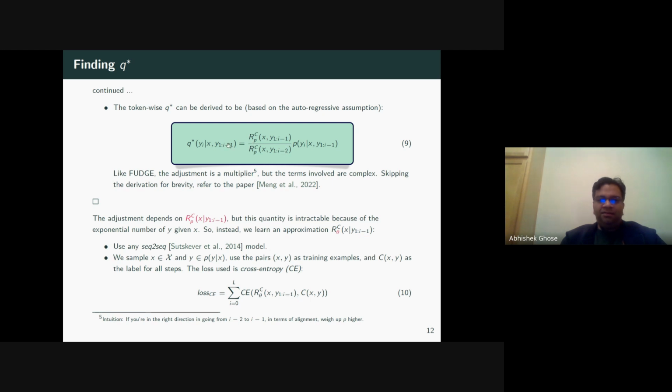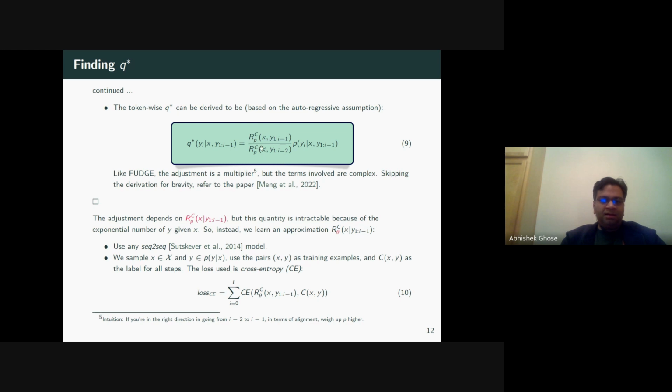So much like FUDGE, the correction to P is a multiplicative factor, right? In FUDGE, we multiplied it by the score of C. Here, we multiply it by a slightly complex ratio, but at a high level, you are still multiplying, and that's the adjustment, right? So not very different from FUDGE, but the terms themselves are kind of complex, right?